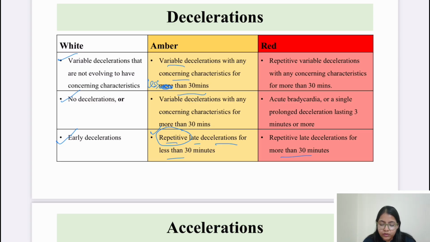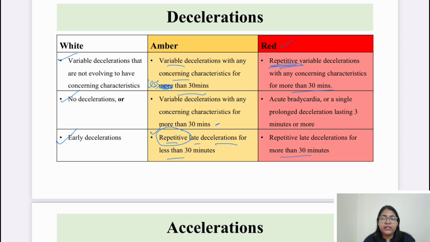Here also we saw that variable decelerations with concerning characteristics for more than 30 minutes is amber, but repetitive variable deceleration, again for more than 50% of contractions, for more than 30 minutes, then it will fall into the red category. So these three will fall into amber.